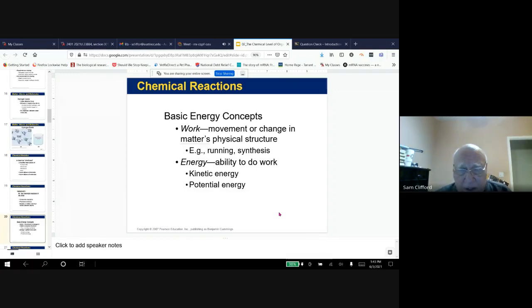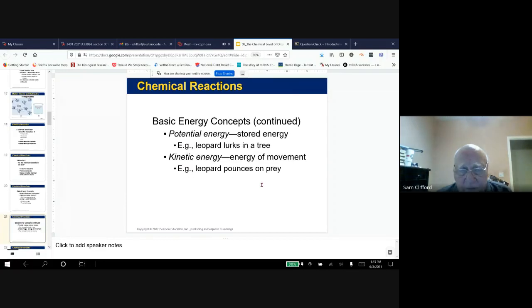Work is the ability to move stuff around. We use energy to do that. Potential energy is stored. Kinetic is the energy of movement. Once potential energy is converted from potential to kinetic.